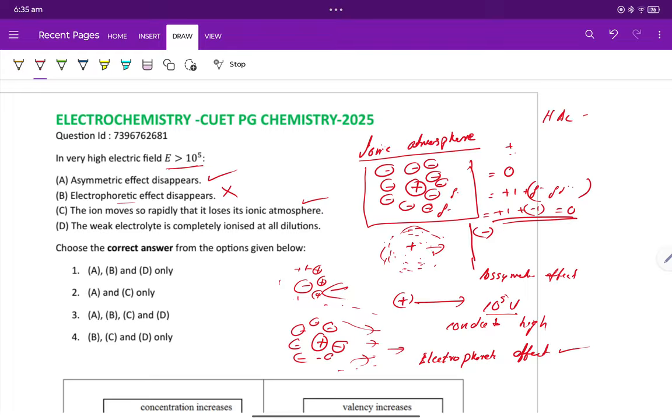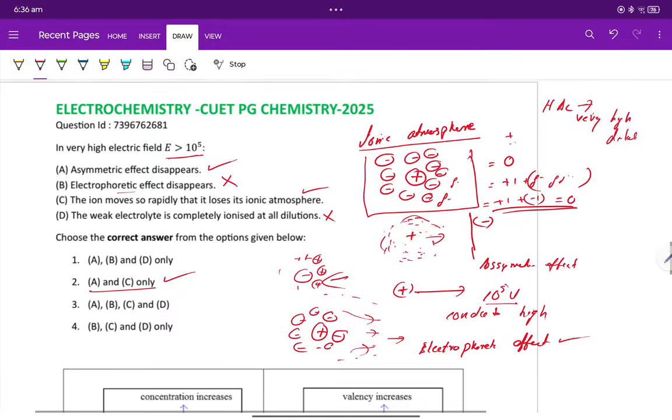We know it will be ionized completely only at very high dilution. That is the theory of weak acids. So this is also not correct. So your right options are A and C.